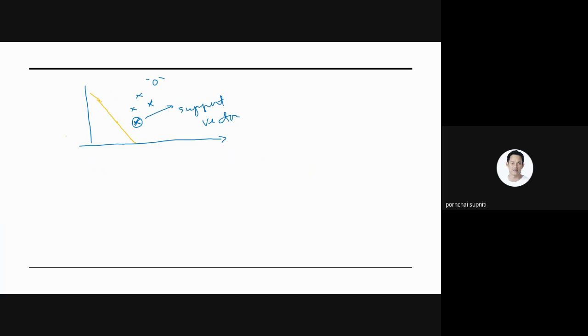And if we draw this line that is perpendicular to the boundaries, so this is the boundary. Then I can draw one vector here. Let's call this thing x.